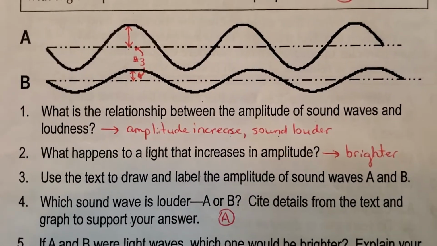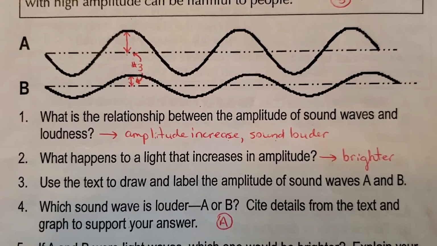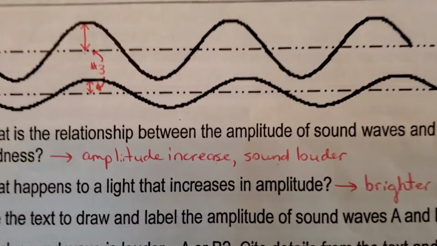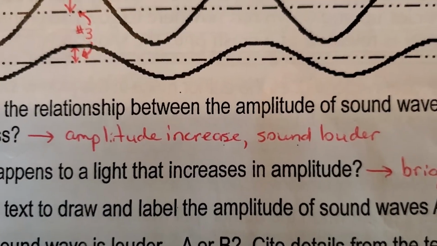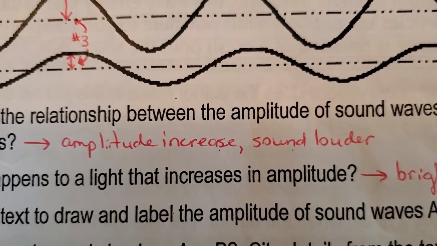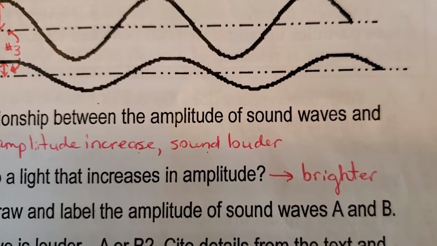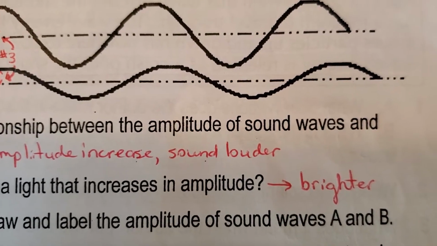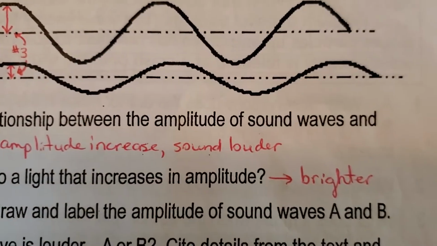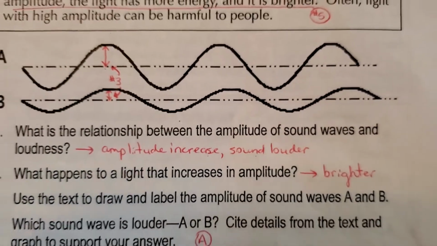Number 1 at the bottom. What is the relationship between the amplitude of sound waves and loudness? Well, like it said in the text, generally, as the amplitude or the height of the wave increases, you have louder sounds, bigger volume. Higher amplitude, bigger volume, loud sounds.